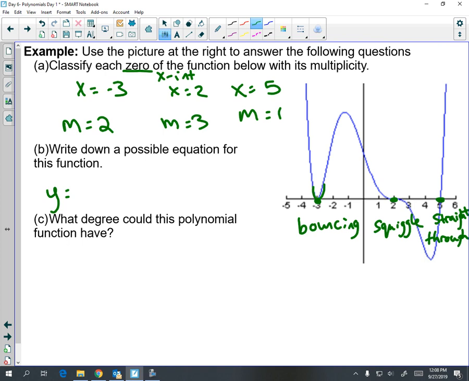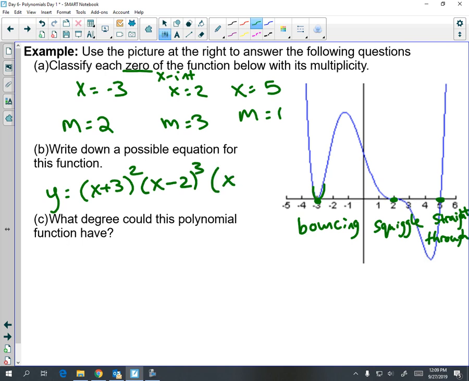I'm going to take my zero, turn it into a factor by using the opposite value. So we're going to have x plus 3. My multiplicity is 2. That's my exponent. My next one, x opposite of positive 2 is negative 2. My multiplicity is my exponent.